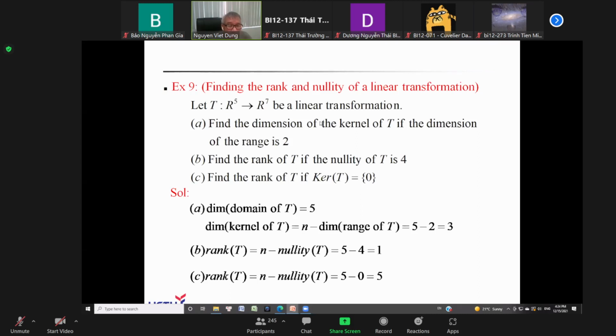With the given exercise, the dimension of the domain is 5 always. Then, if we know already the rank is 2, then the nullity will be n minus 2 is 3. That is for the first exercise. For the second one, again, the rank of T equal n minus nullity. And in that case, nullity of T is 4, so the rank of T equal 1. And you can do by yourself to solve the exercise number C here.